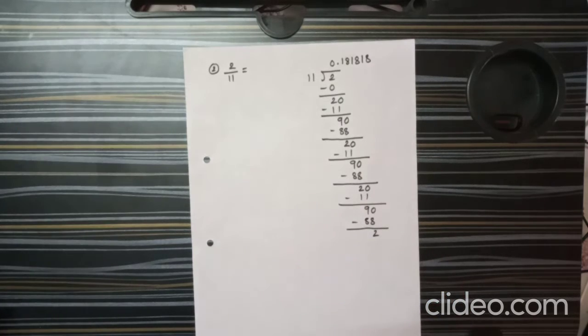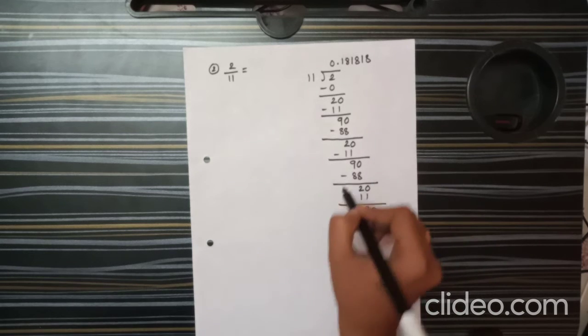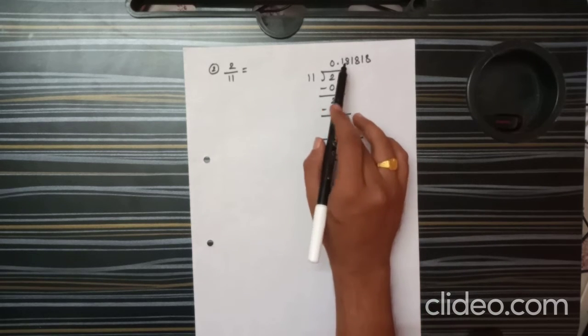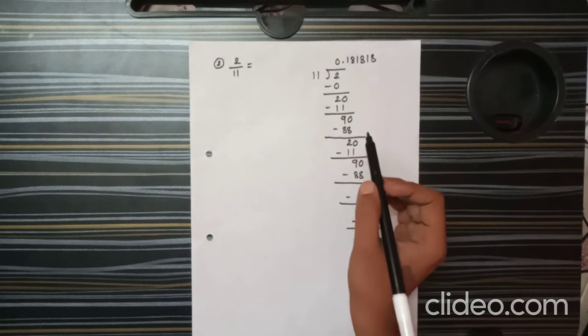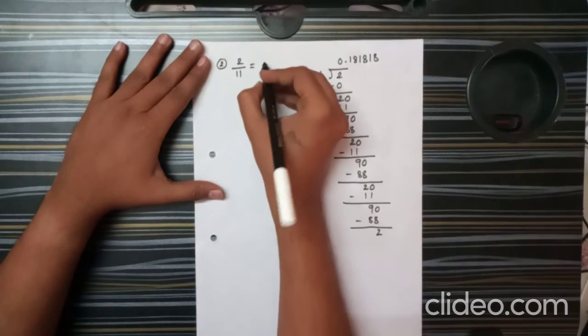If we keep doing this division up to infinite time, we are still not going to obtain a proper answer, because this type of division is non-terminating. In this particular case, we are obtaining this pattern in the quotient: 181818. So this particular number is going to be repeated again and again.